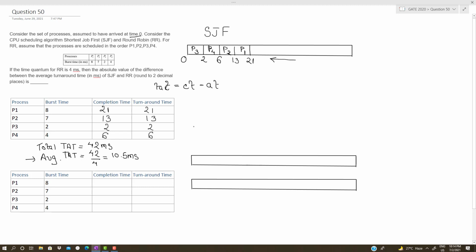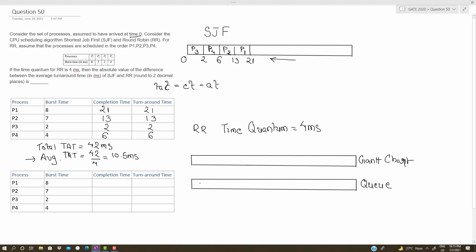Now let us solve for round robin. In round robin, time quantum is given as 4 milliseconds. And this is our Gantt chart. And this is a queue.